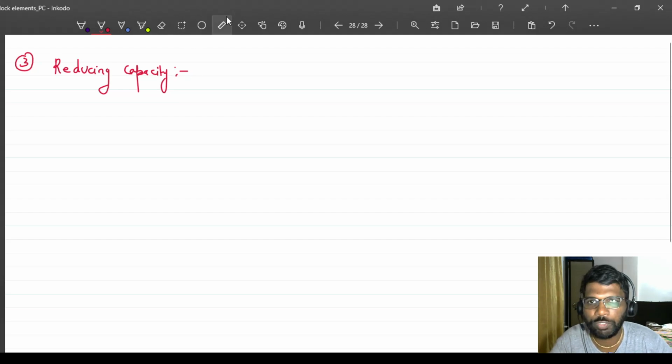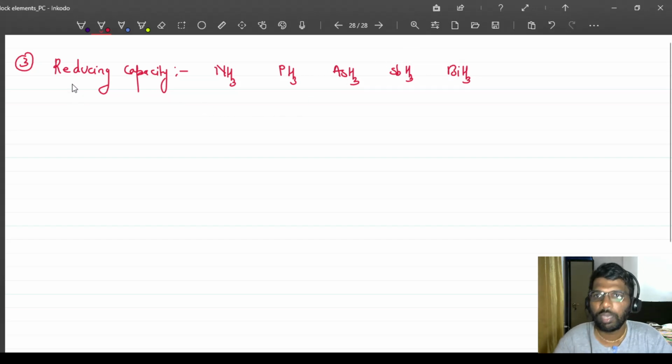These are the hydrides NH3, PH3, and so on. A reducing property means which will be a strong reducing agent. Reducing capacity means which will be a better reducing agent, and which will be the weak reducing agent. That is what we need to identify.